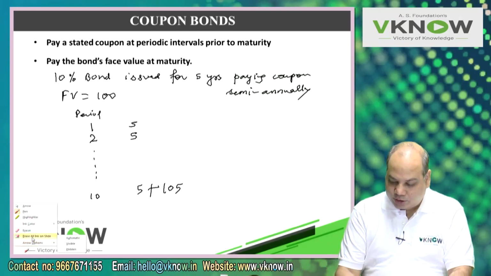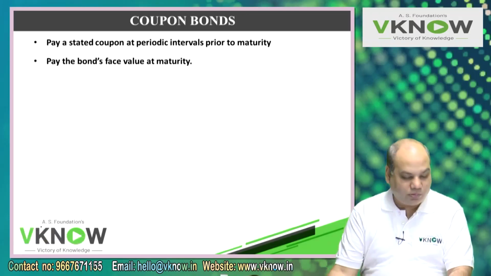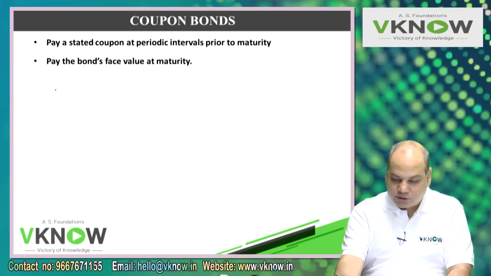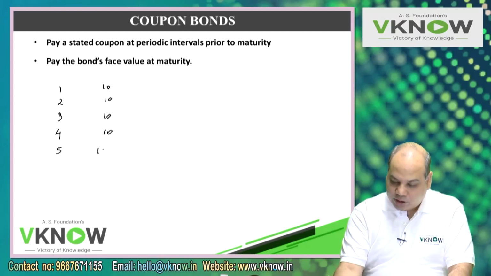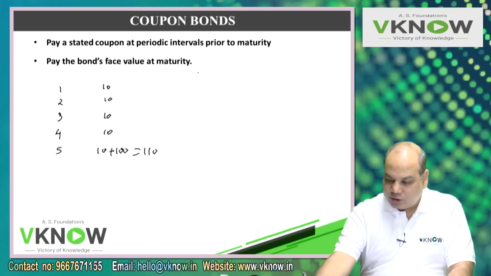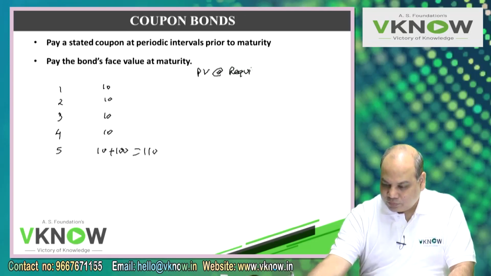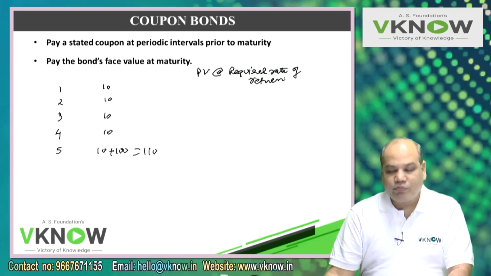How do you find out the present value of a coupon bond? That I am going to discuss in the next page also. But for the time being, in case of coupon bonds, you write all the coupons. Last year you write coupon plus redemption value, and then you calculate the present value at your required rate of return, which will be given to you in the problem.